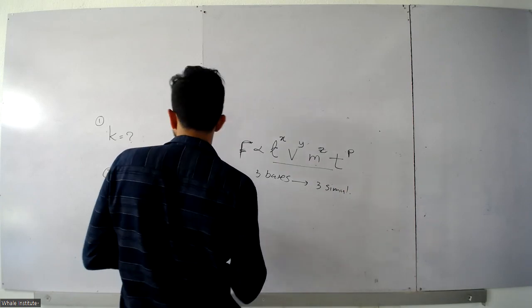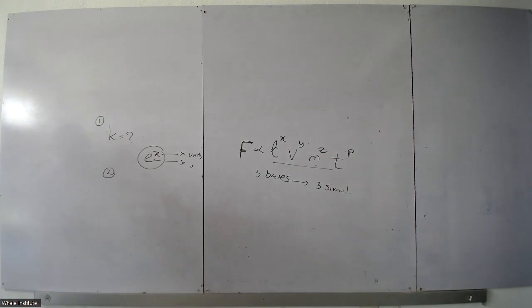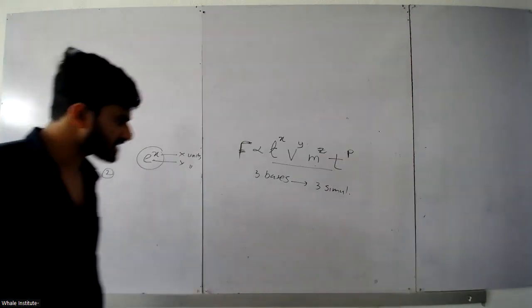So we can't find 4 terms. That's the limit here. Limitation here. Right. ඕක තමයි limitation.